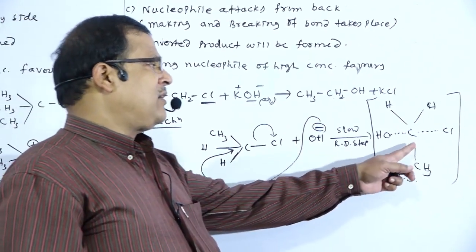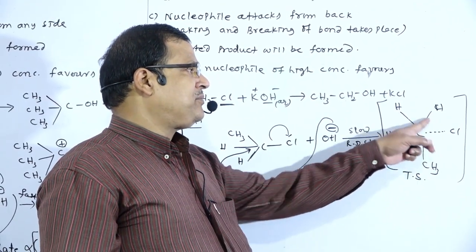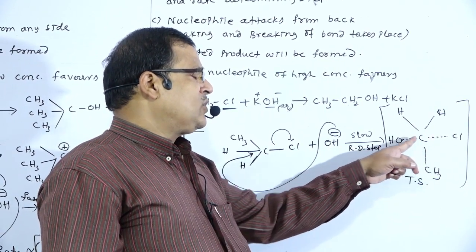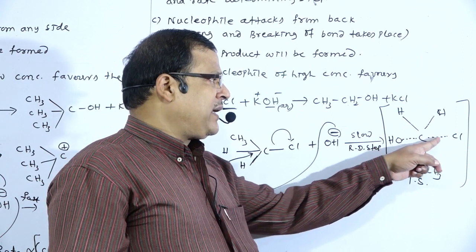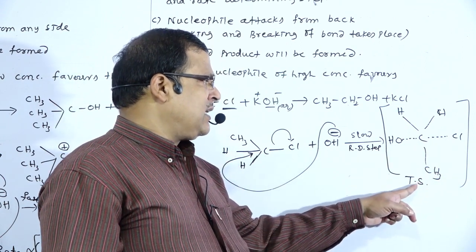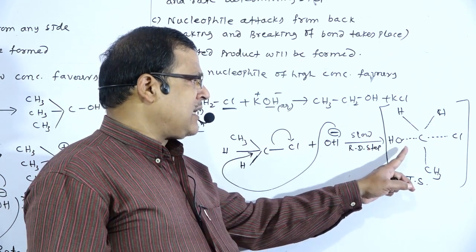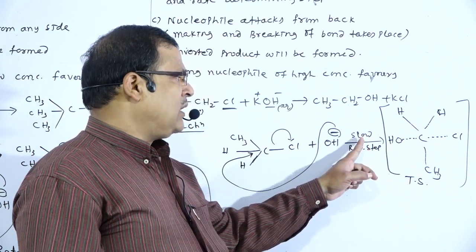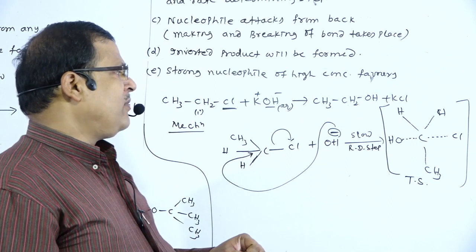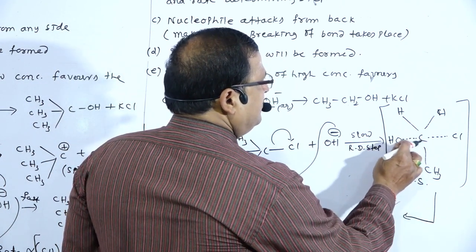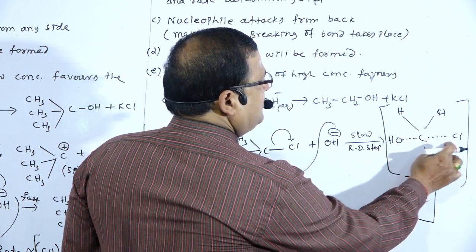That carbon atom appears to be pentavalent. So making of the bond and breaking of the bond take place simultaneously, that is known as the transition state, and the formation of that transition state is the slow and rate determining step. And in the next step, this bond will be formed and this bond will entirely break.